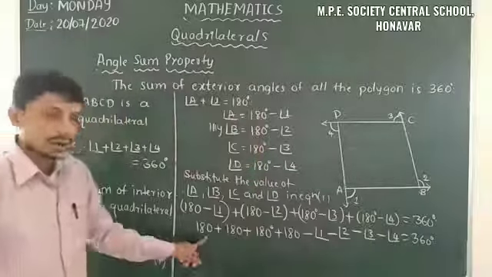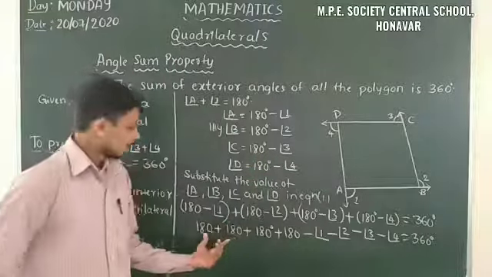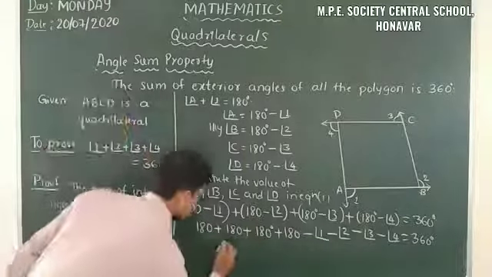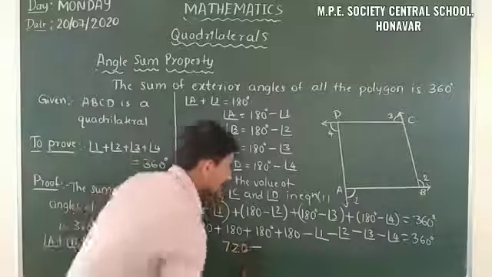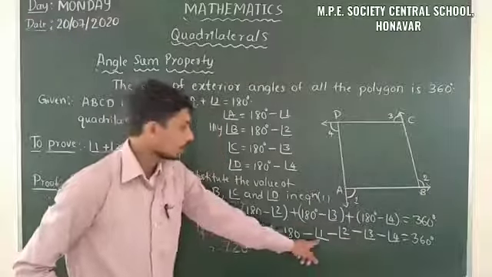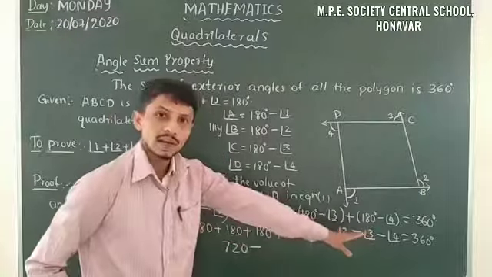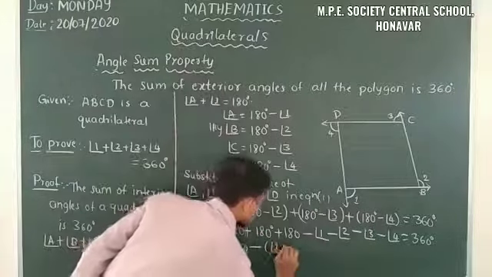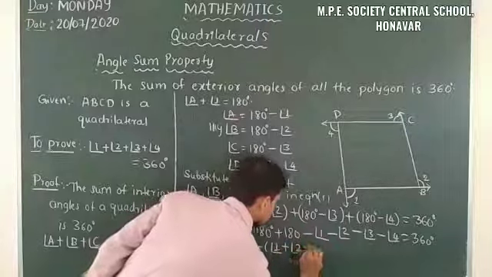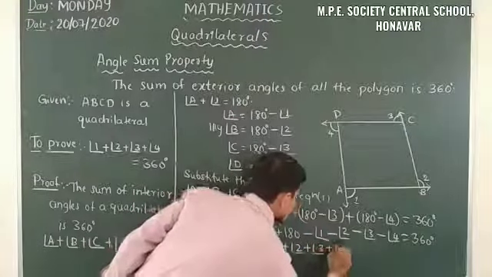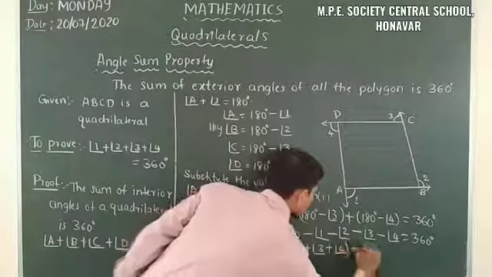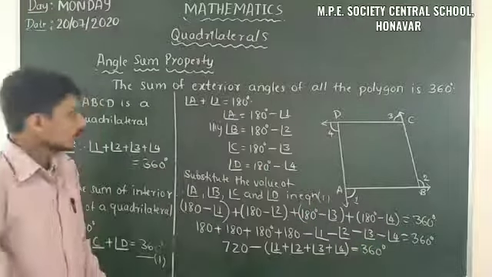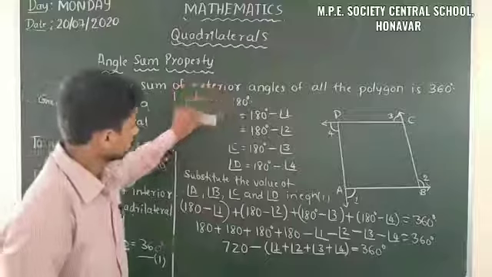Then we have to add this. What is the answer here? 720. 720 minus, here the minus sign is common for all the angles, angle 1 plus angle 2 plus angle 3 plus angle 4 is equal to 360 degrees. So then I will rub this part here.